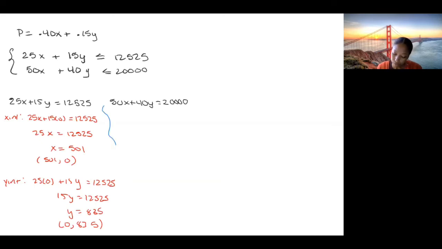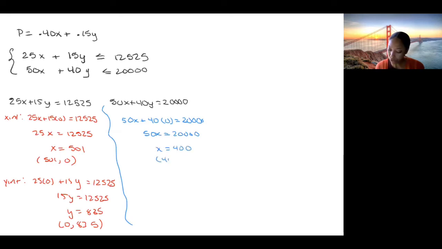For our next equation, for the x-intercept, 50x plus 40 times 0 equals 20,000. So 50x equals 20,000, and x is equal to 20,000 divided by 50, which is 400. 400, 0.